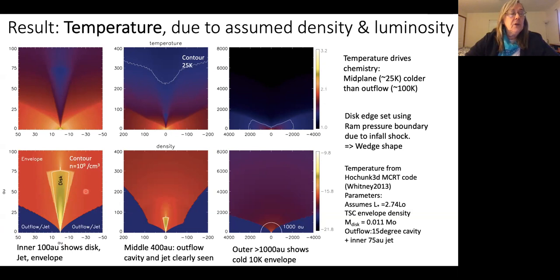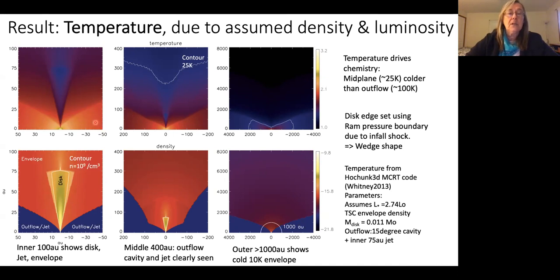Some things to note are that the disk appears wedge-shaped in orange, and that's because we used a ram pressure boundary condition to define the boundary between the disk and the envelope. Also for the temperature, the reddish color indicates temperatures around 100 degrees.